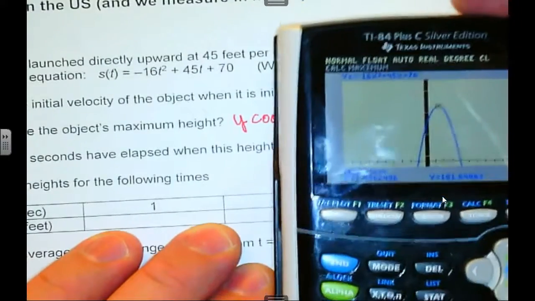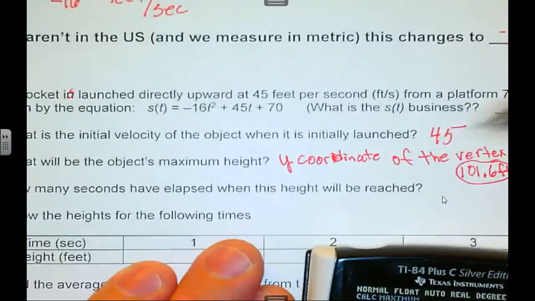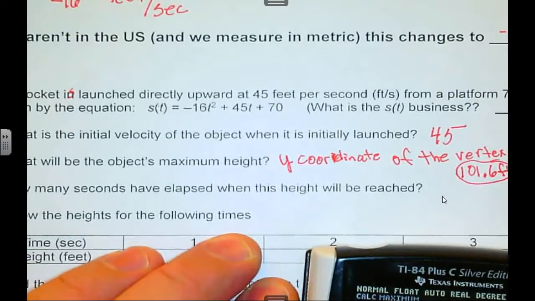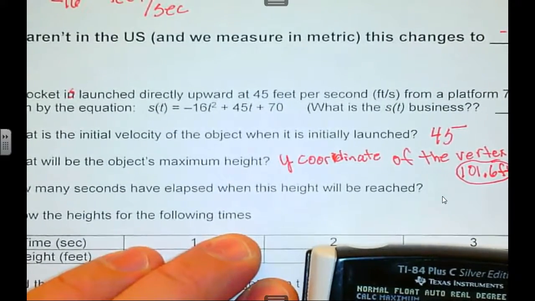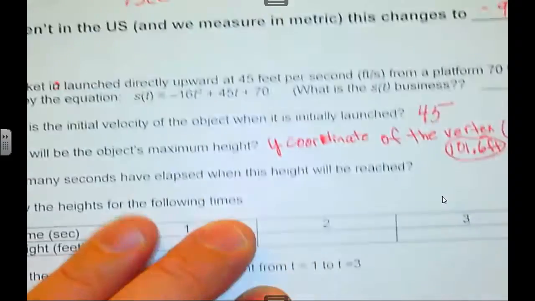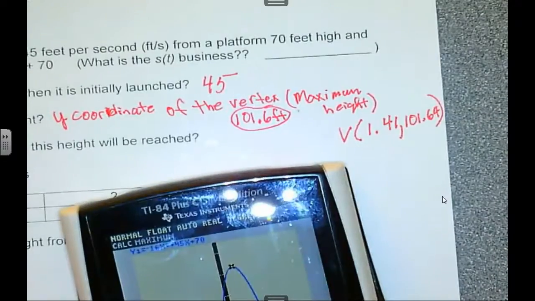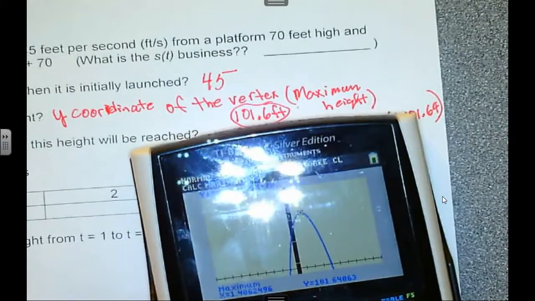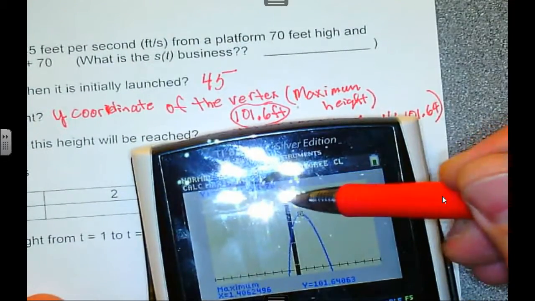So my vertex here is at 1.41, comma 101.64. That's your vertex. Now remember, we're doing a mathematical model. So my y-axis is actually my height, or my h.